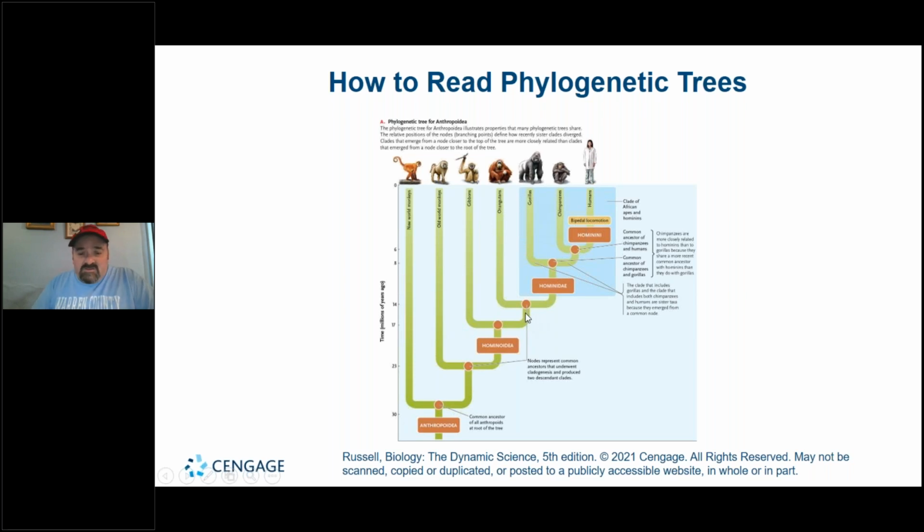We're not giving a specific value of time to each of these different distinctions between the nodes and the clades. So here's a clade of African apes and hominins right here. But you'll see here that there are the gorillas, there's chimpanzees, the humans, right? And you'll see here that there are these nodes, okay, between where the branching off would take place between them.